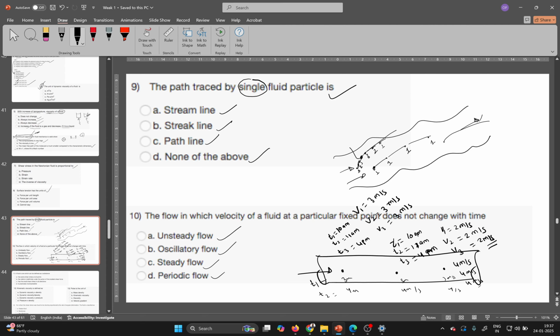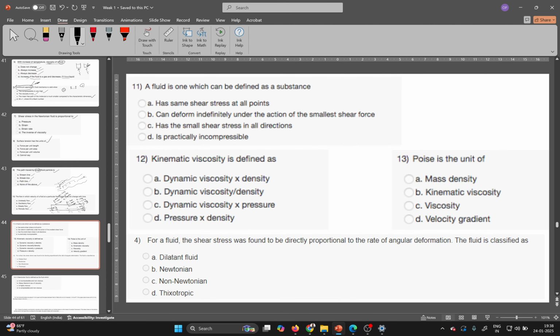As you change the time, your velocity changes, but at a particular time along the pipe, the velocity is the same. Such type of flow is known as uniform flow. But here we are talking about a particular point. So at a particular point, if velocity is not changing with respect to time, definitely it will be a steady flow. Now we'll move on to the next question.